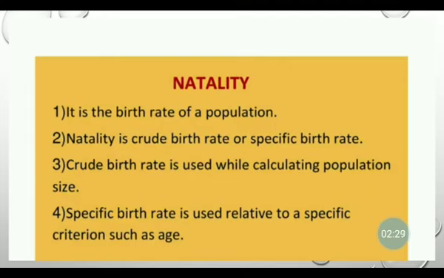Natality is the birth rate of the population. Natality is crude birth rate or specific birth rate. Crude birth rate is used while calculating population size. Specific birth rate is used relative to a specific criterion such as age.